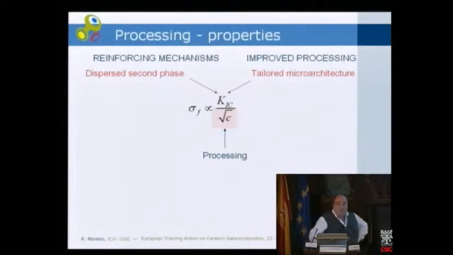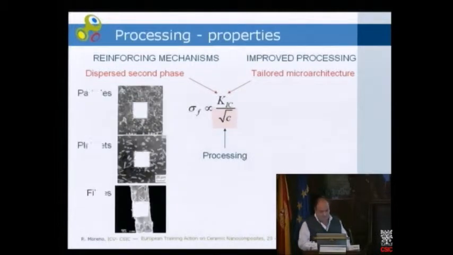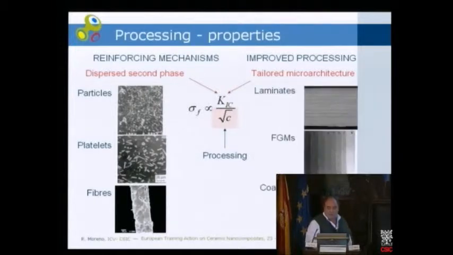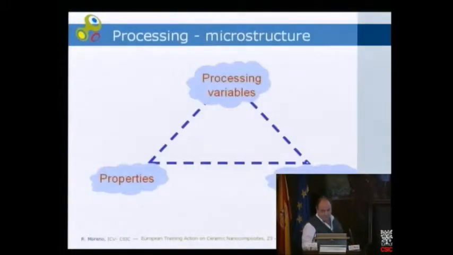As we have seen before in the talk of Professor Gado, we can reinforce materials by introducing a dispersed second phase in the form of particles, platelets, fibers, and so on, or even by designing new microarchitectures like those provided by laminates, FGMs, or coatings.